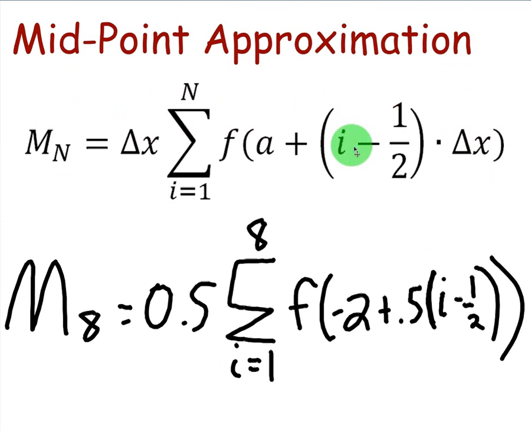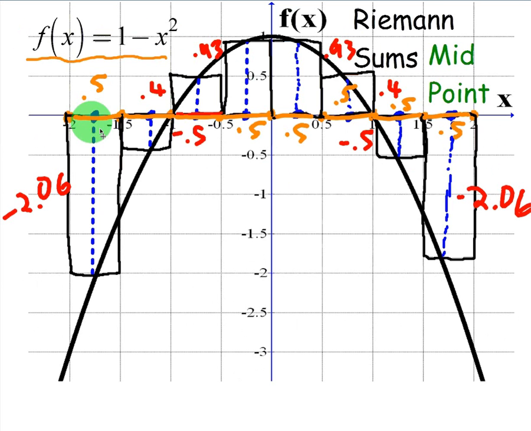So the way this works is you have to subtract 1/2 from your counter. So if we do 1 minus 1/2, that's 0.5. So we're basically taking half. We're adding half of the width of each rectangle. So 0.5 times 0.5 is 0.25, and negative 2 plus 0.25 gives you negative 1.75, which is exactly what we want.